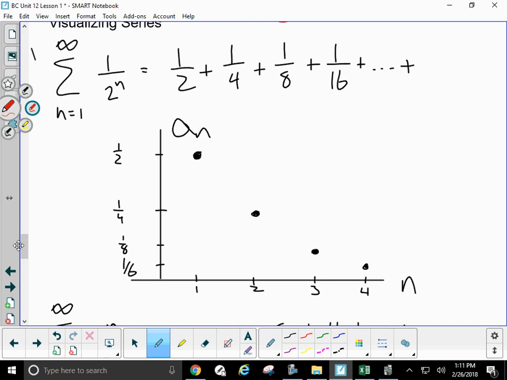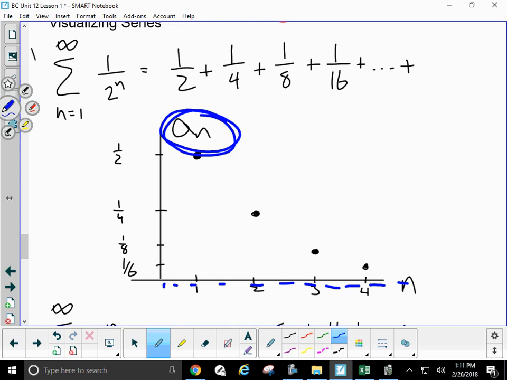But what's the difference? The difference is what am I looking at? So this is very important. This is one way to visualize things, by looking at their terms. These are the terms that I'm adding together. I'm not saying that when I add all these numbers together, we're going to approach 0.